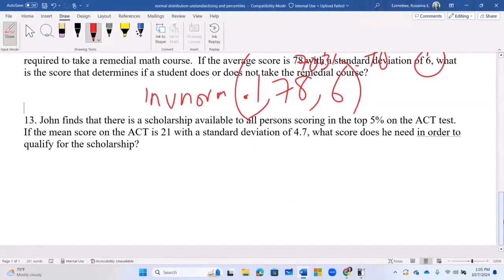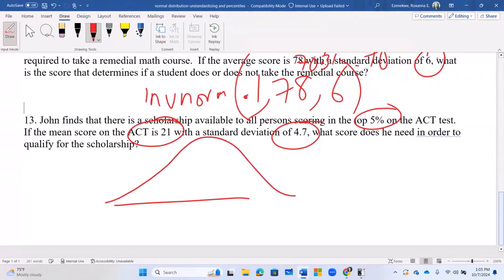If the mean score on the ACT is 21 with a standard deviation of 4.7, the top 5%, what score does he need in order to qualify for the scholarship? So if you score in the top 5%, you get a scholarship. Let's see what is the grade that John can score to get a scholarship. So this is the top 5%. Of course, 5% is 0.05.